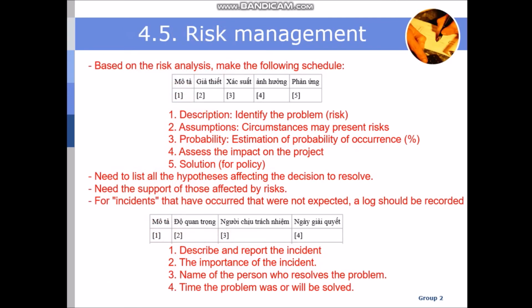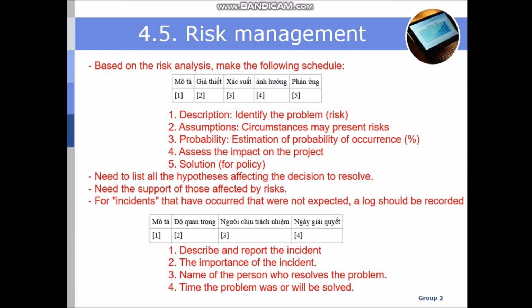The fifth, risk management. Beyond risk analysis, make the following schedule: description, assumption, probability, assess the impact on the project's solution. We need to lead on the hypothesis affecting the decision to resolve.